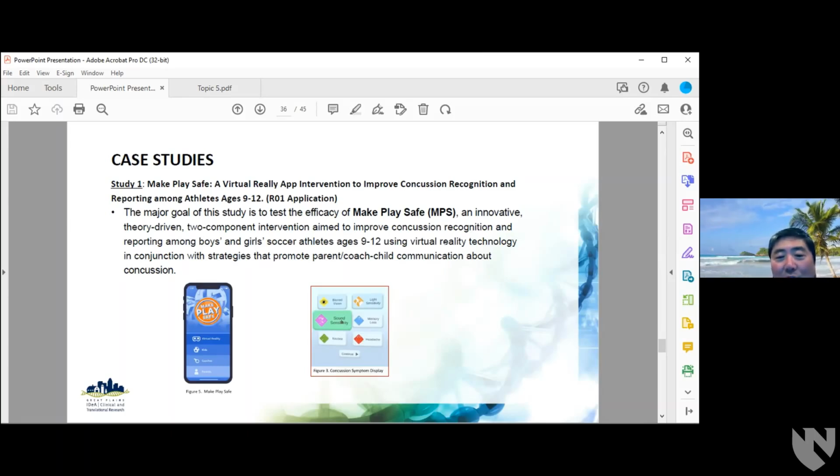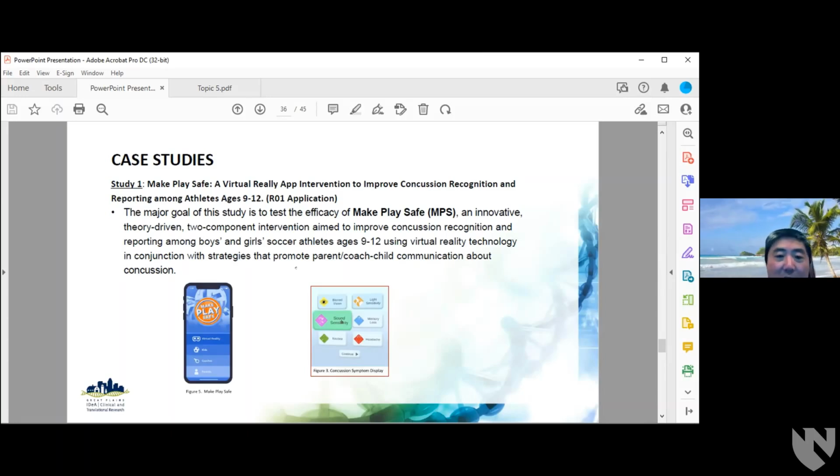The intervention is we use virtual reality technology in conjunction with a strategy that promotes parent-coach communication about concussion. The purpose is we want these kids to be aware: if they fall, or collide with another player, sometimes it's a concussion. We want them to be aware of that, to report, to prevent further injury.